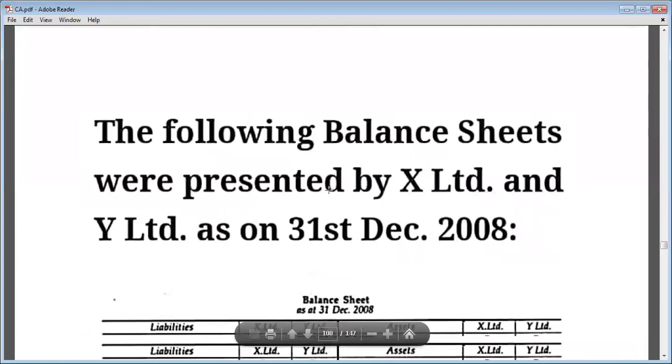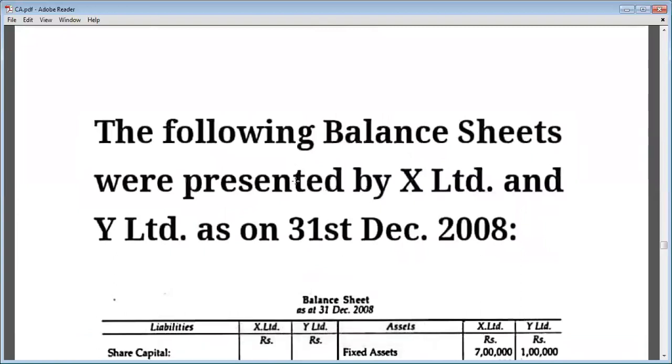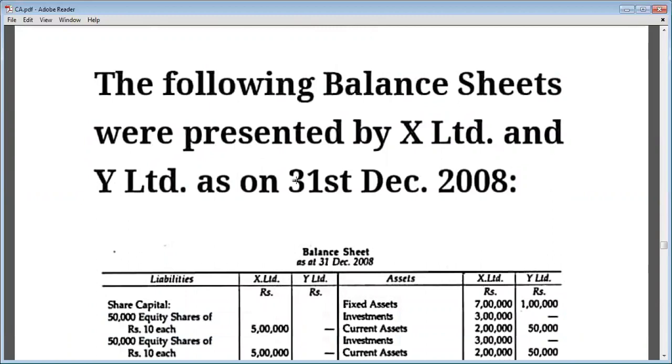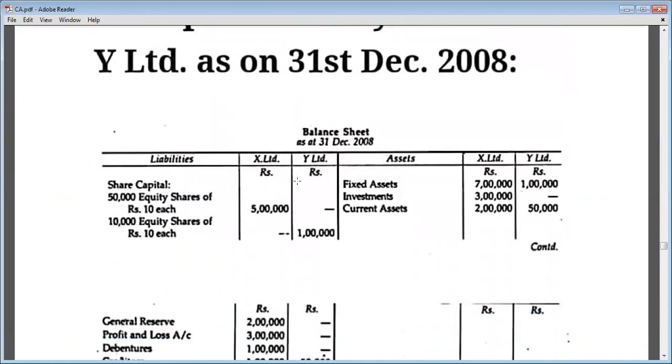The following balance sheet was presented by X Limited and Y Limited as on 31st December 2008. This is the balance sheet of X Limited and Y Limited. There is share capital, that is equity share capital of 10 each, 50,000 equity shares of 10 each, and 10,000 equity shares of 10 each. So these 10,000 equity shares are of Y Limited and these 50,000 shares are of X Limited.